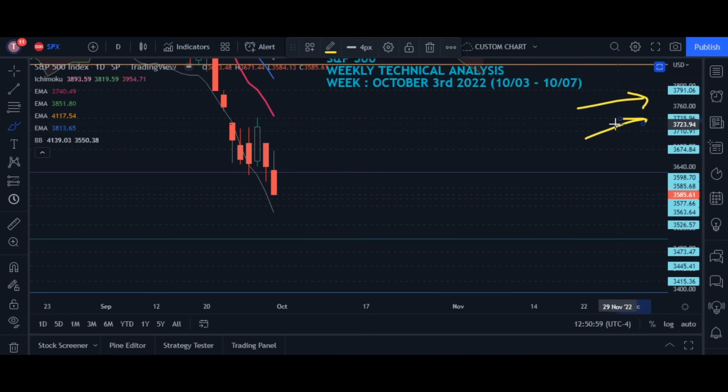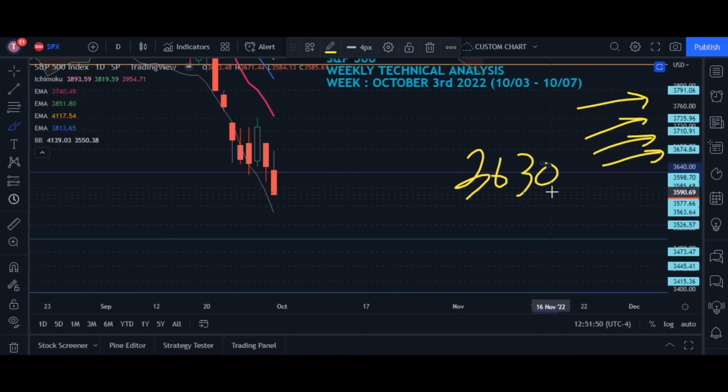So this is the resistance. 3790 is the resistance, 3735 is the resistance, 3710 is again a good resistance. Then 3675 is a resistance. Then we have 3630.